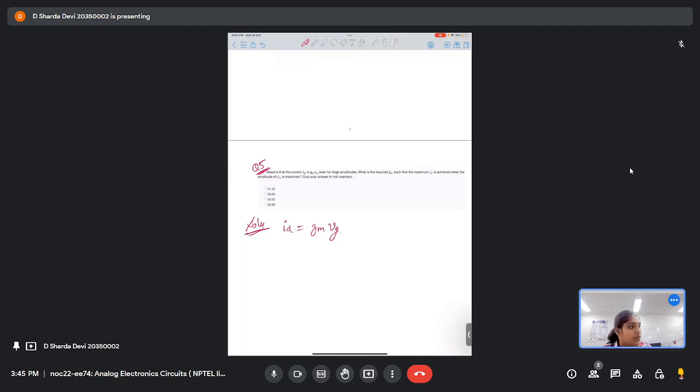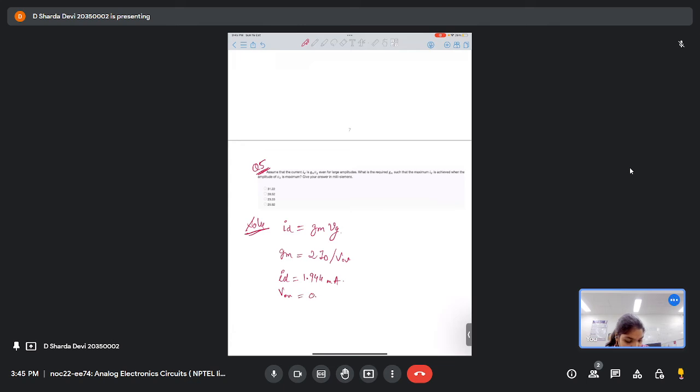So we know that GM is 2ID by VOV, right? 2ID times VOV. ID is 1.944 milliamperes.